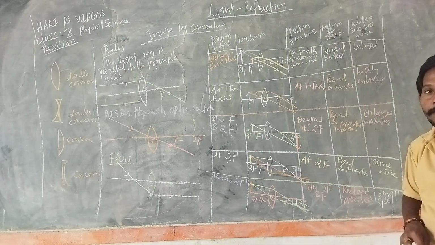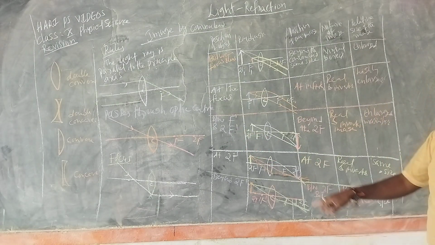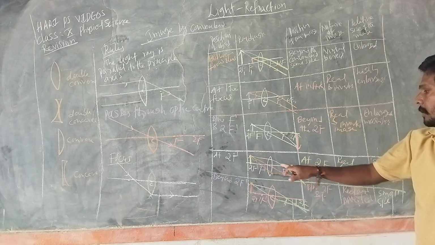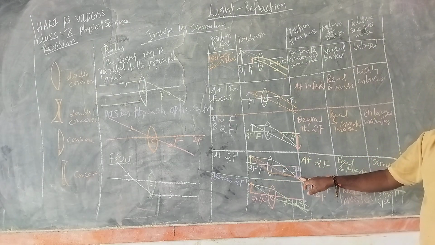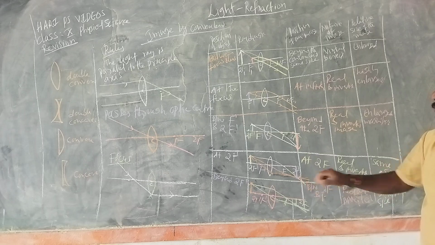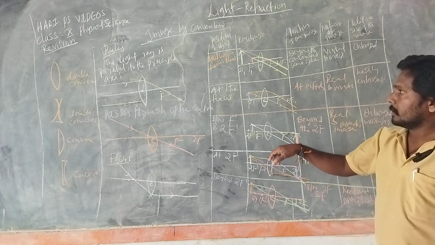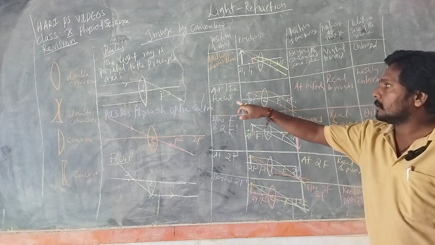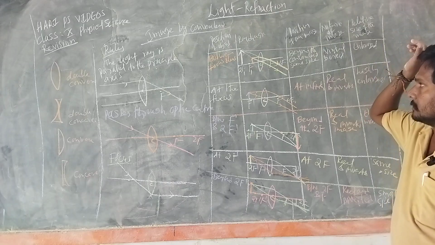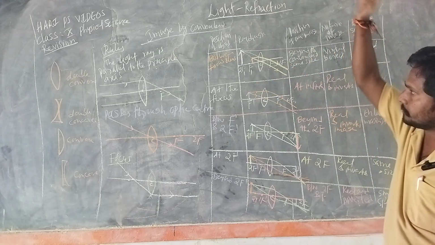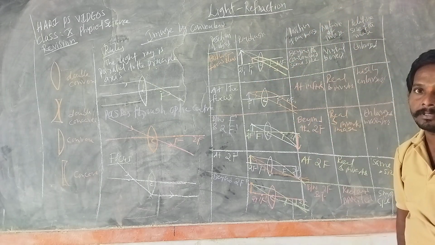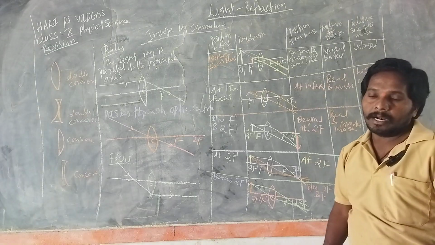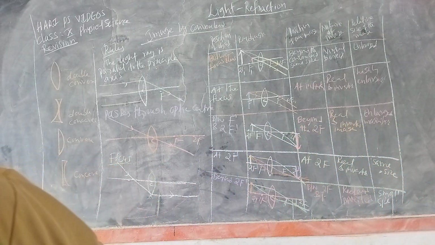If the object is at f', the image is formed behind the 2f. If the object is at the focus, the image is formed at infinity.